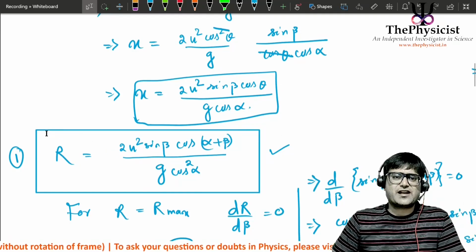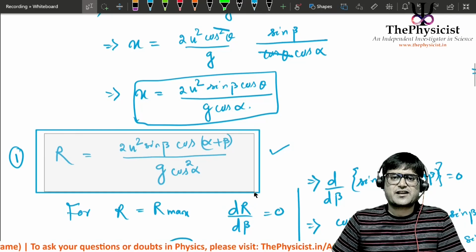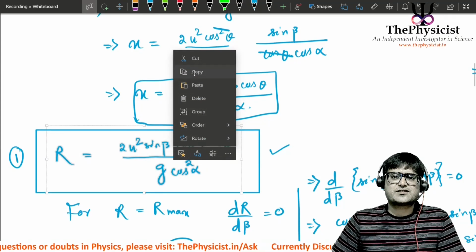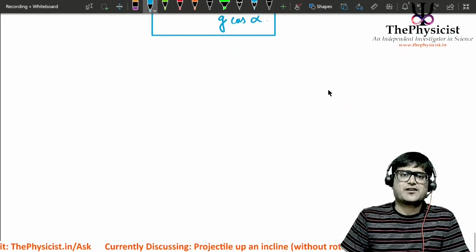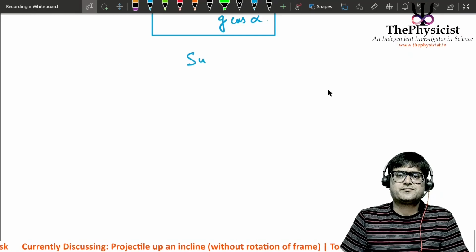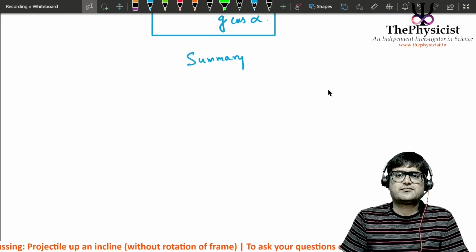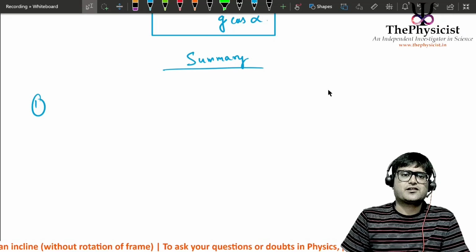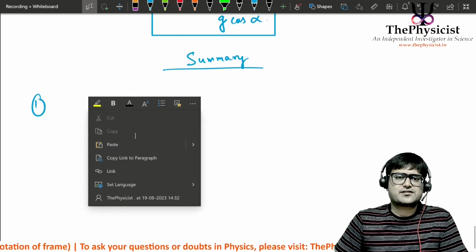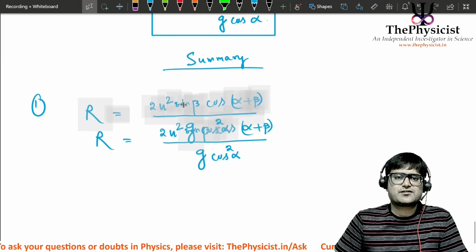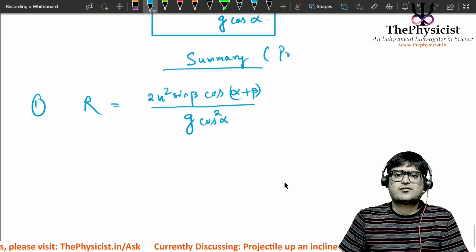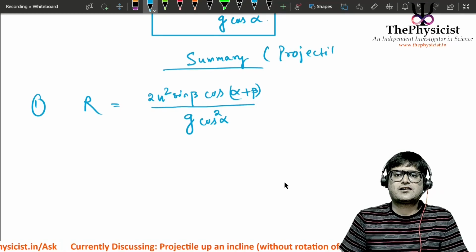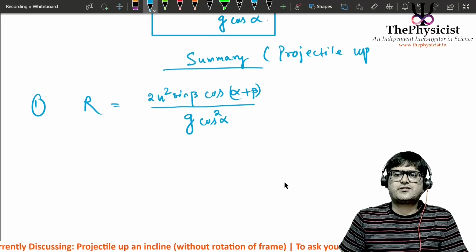So let's summarize all these equations at one place so that you can take a note of this. My first one is the range. Summary for projectile up the incline.